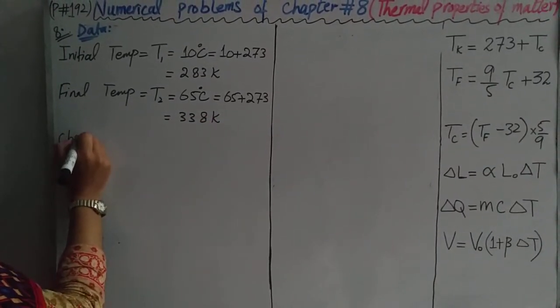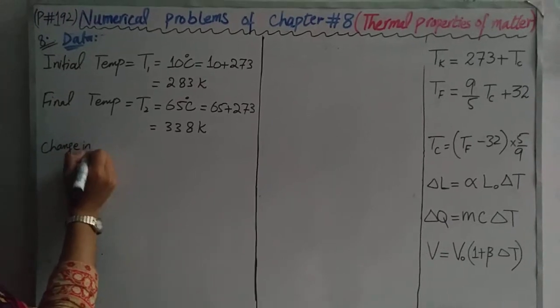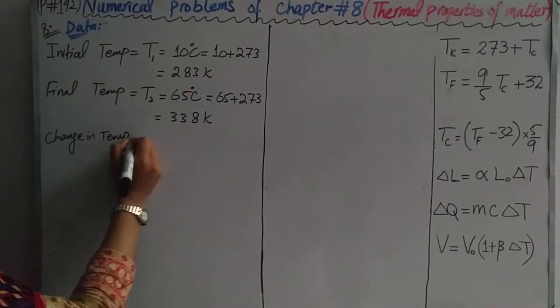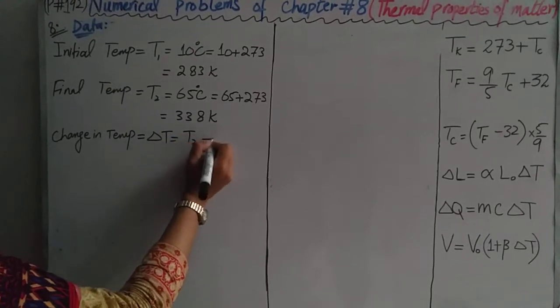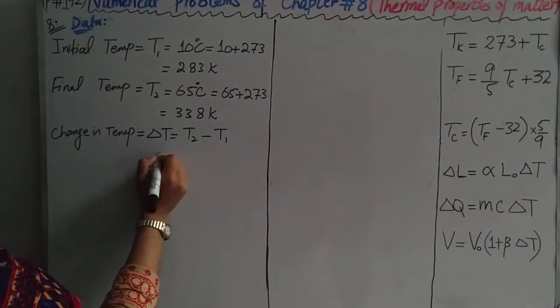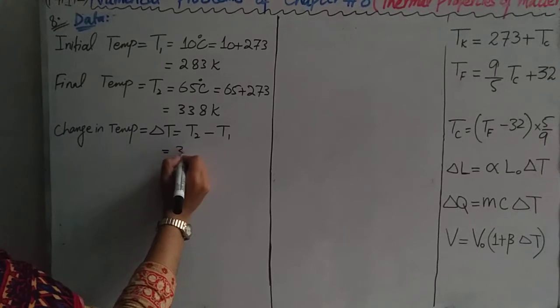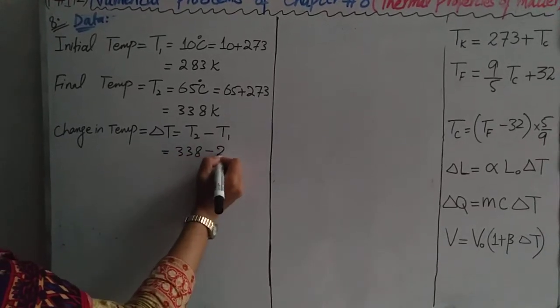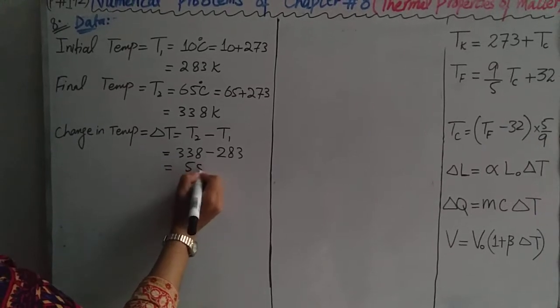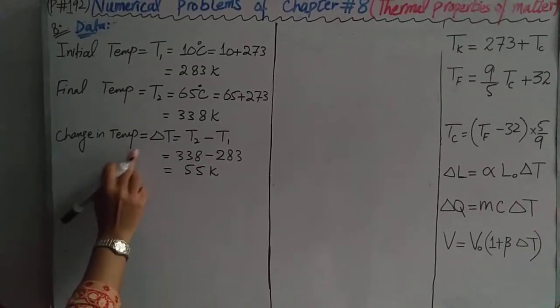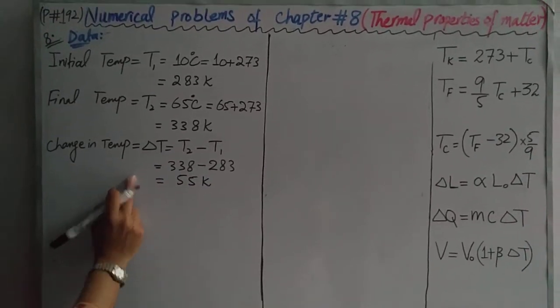Now change in temperature, represented by delta T, is equal to T2 minus T1. By calculating this, 338 minus 283, we have 55 Kelvin. This is our change in temperature.